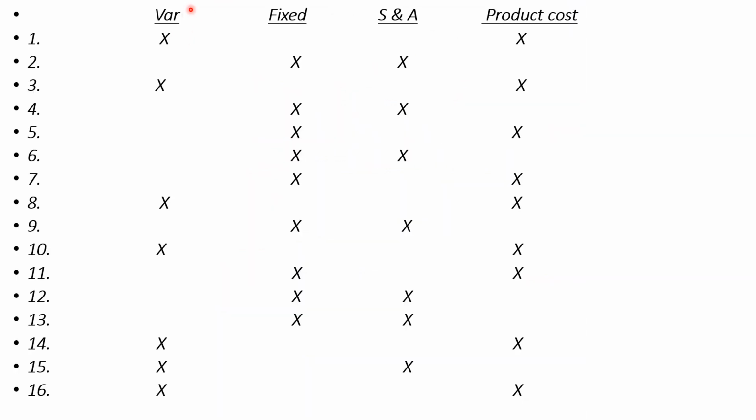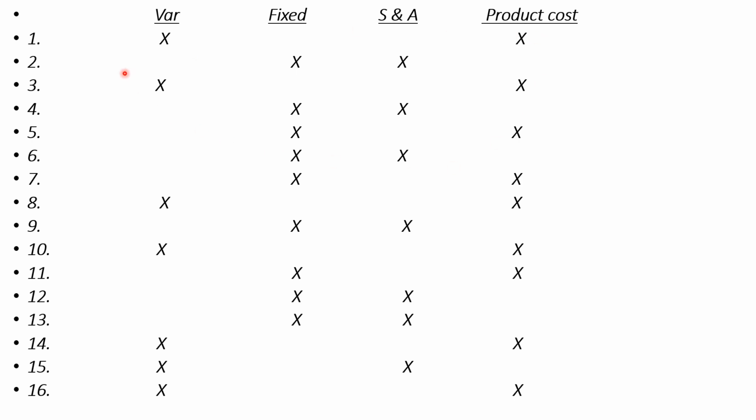Okay. Here we have the variable cost and fixed cost as cost behavior, and I have selling and admin, which is period cost, and product cost. So you can draw an imaginary line down in the middle here, and you must choose one out of this and one out of this. The first one was done for you, the variable cost and product cost.